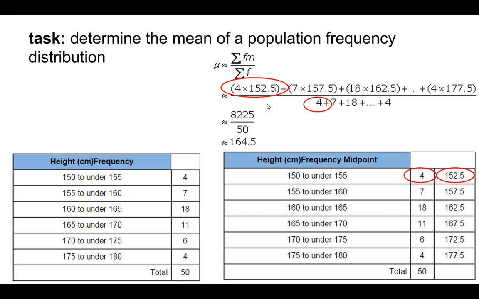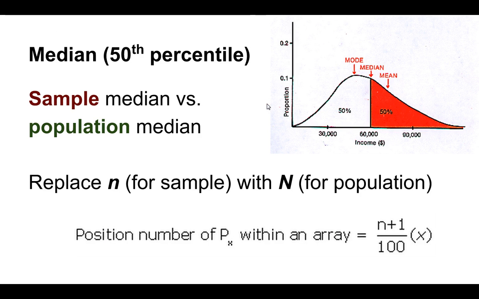So you're going to sum up all of those individual frequencies. We've got 4, 7, 18, 11, 6, and 4, which in the end should give you 50. So that is figuring out the mean of a frequency distribution, where you've got classes rather than individual data points that you can point to.